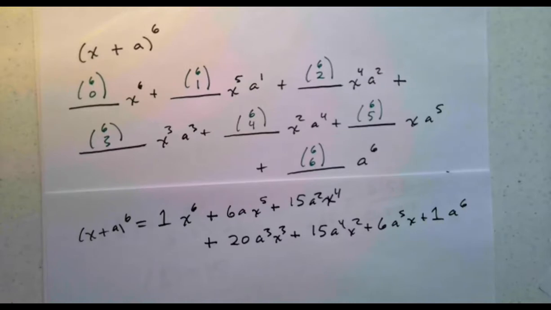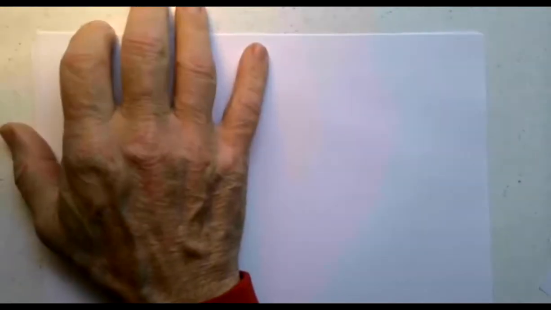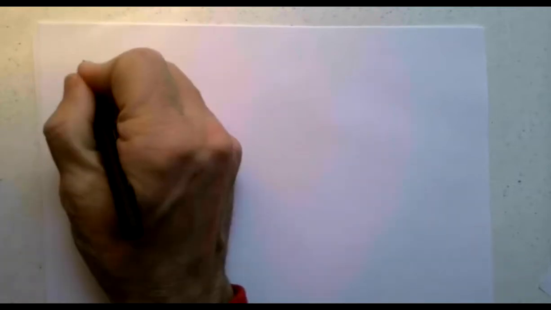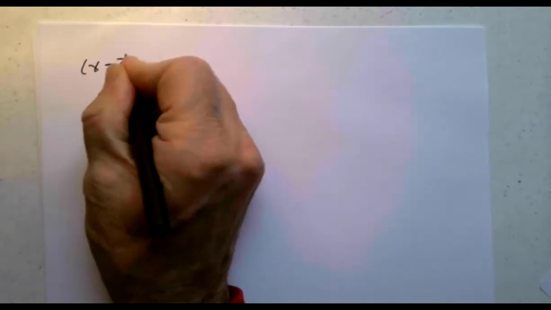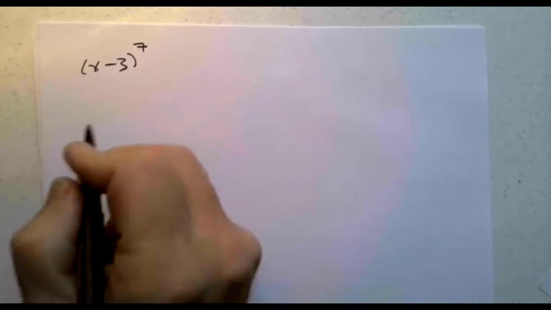Now, we may not always just be using x plus a, right? So what if I have x minus 3 to the 7th power? So we know that we're going to have decreasing powers of x and increasing powers of -3.